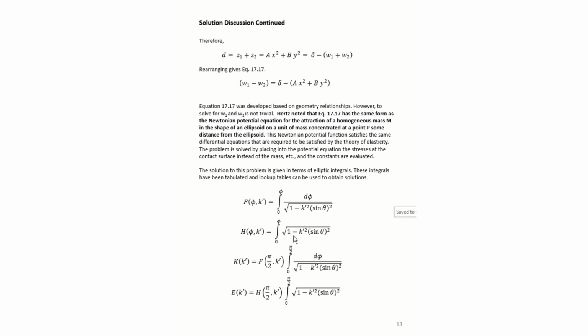H represents a slightly different elliptic integral. K and E also represent different elliptic integrals. And these are defined here. We're probably not going to use these definitions too much because there are lookup tables and other ways to compute these integrals that are a little bit easier for us. But our solutions for the stresses will be based on these expressions here.